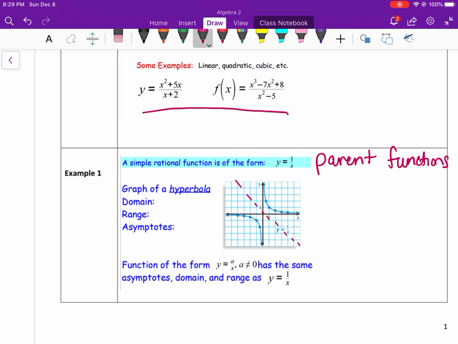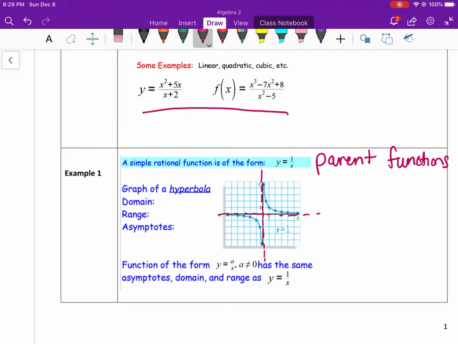And hyperbolas have what we call asymptotes. You can see one asymptote is right here, the y-axis for this one, and then the x-axis. So the branches approach the x and y axis on both sides, but they'll never cross those.